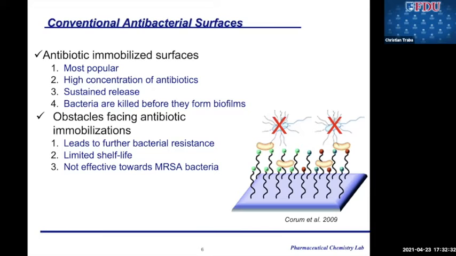And 2, there is also a limited shelf life of the material due to the sustained or gradual release of antibacterial agents. And 3, they are not effective towards antibiotic-resistant bacteria, including methicillin-resistant Staph aureus, or you've probably heard of it referred to as MRSA.